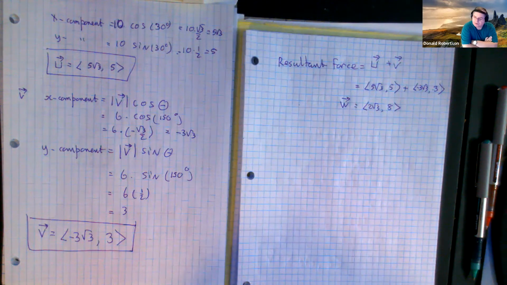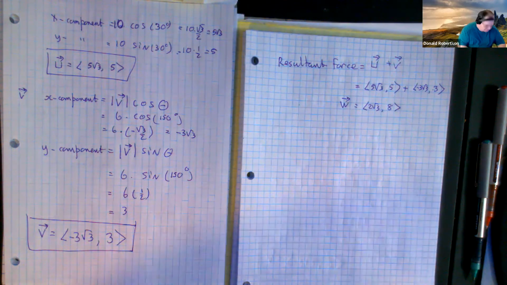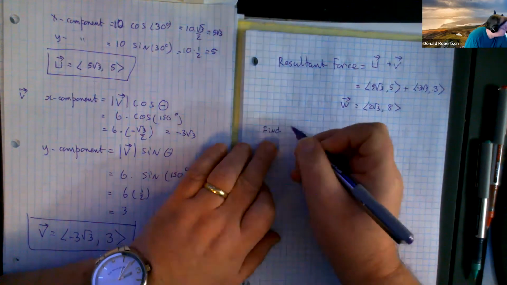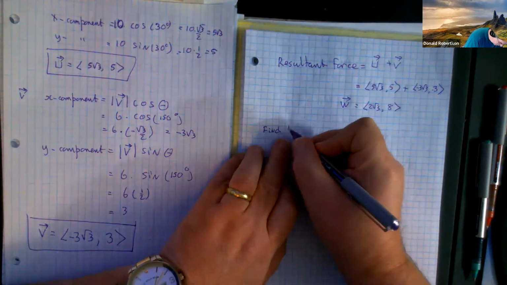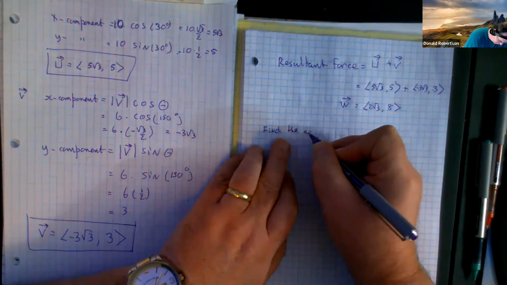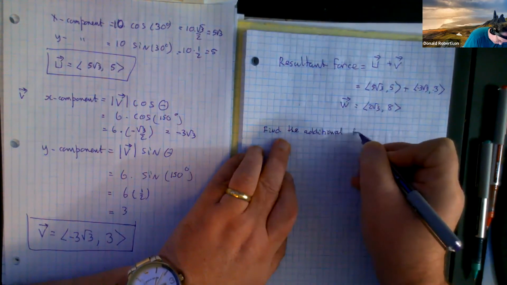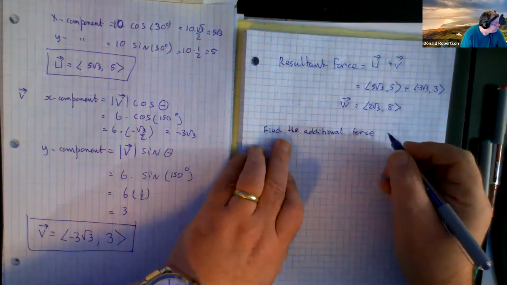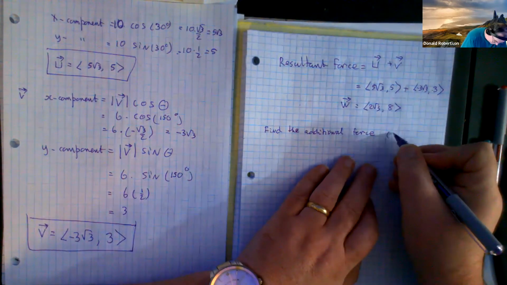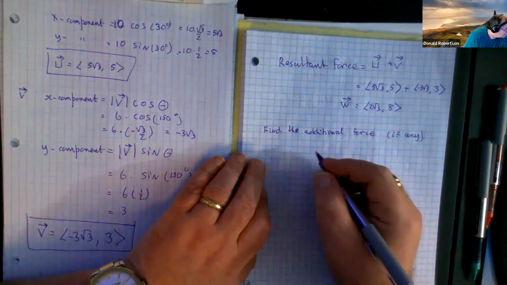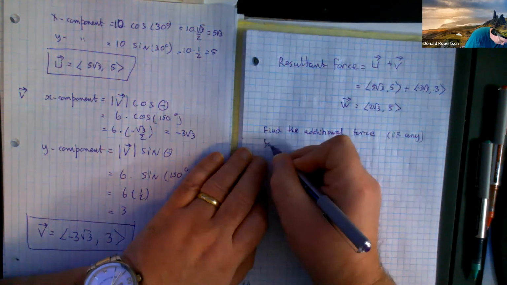So far, so good. Resultant force. Now, you could be asked, and they do in the question I'm looking at, which says something like this. I'll just write it down because if I say it, it won't stick in your head. It says find the additional force, if any, for the forces to be in equilibrium.